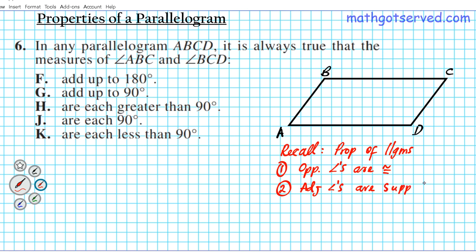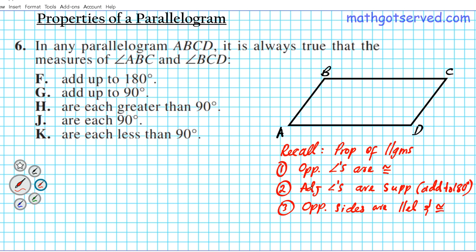Okay, what does supplementary mean? It means it adds to 180 degrees. All right, and then lastly, you want to recall that opposite sides of a parallelogram are parallel and congruent.